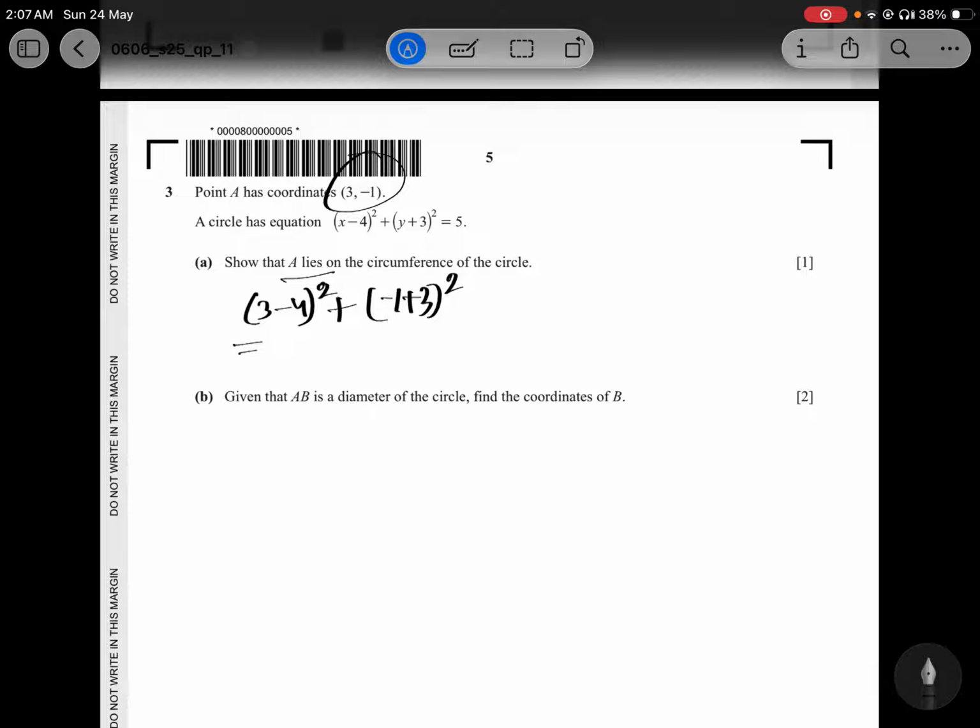So what I am getting here, 3 minus 4 which is minus 1, that would become a positive 1 here, and this becomes 2, 2 squared is 4, that would become 5. So A lies on the circumference.